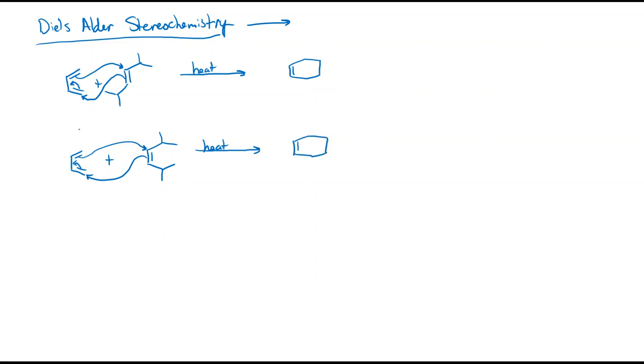If you want to go through, the carbons 1, 2, 3, and 4 are over here. We don't have anything else to add to those, but carbons A and B both have isopropyl groups on them. So we're going to put an isopropyl group there and an isopropyl group there. And we're going to get the same thing here.